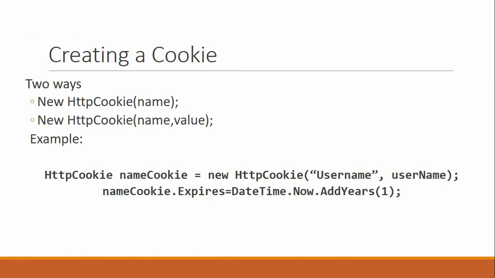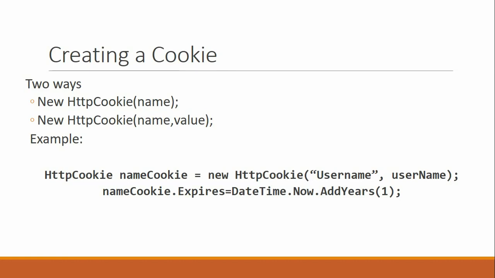Now, how do you create a cookie? A cookie is an object, so what is the class name? HttpCookie. Please remember that HttpCookie is the class name. So how do I create a new cookie? Just put HttpCookie, space, object name equal to new HttpCookie. At minimum you have to give a name. The value can be blank, not a problem.